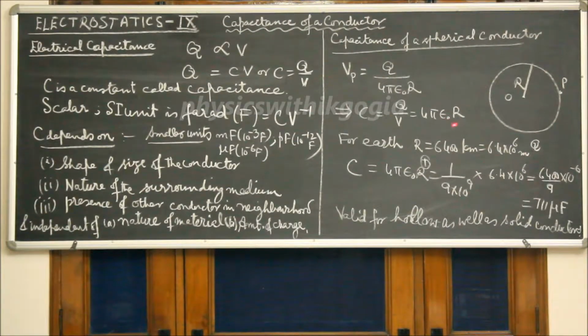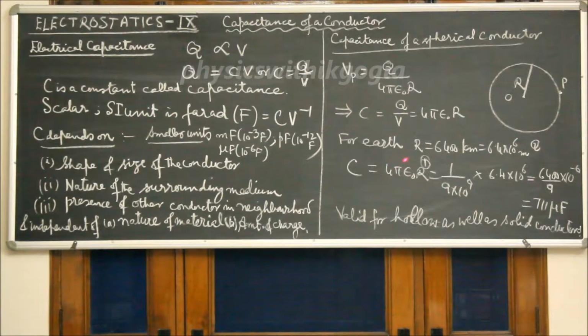So this is the expression for the capacitance of a spherical conductor. Remember, this expression C equal to 4 pi epsilon naught r is valid for hollow as well as solid spherical conductors.